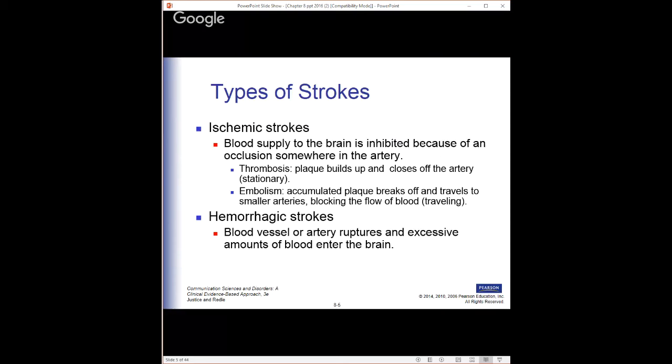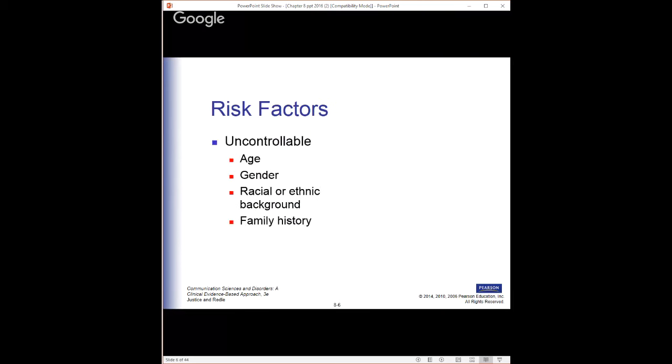Hemorrhagic strokes, where a blood vessel or artery ruptures and excessive amounts of blood enter the brain. Risk factors: the uncontrollable risk factors include age, where typically older men and women are going to be affected.